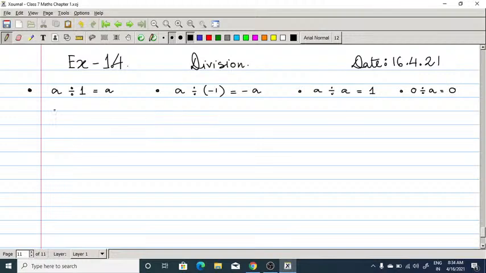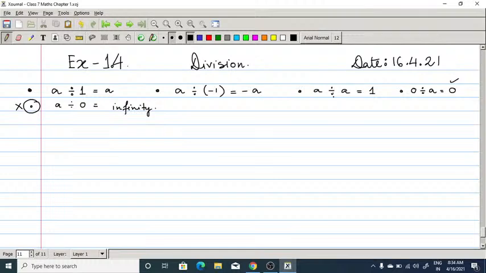Now what will be any integer divided by 0? That is infinity. Okay, that is not computable. This you will not get for multiplication, only for division. You might get this sometimes, so keep in mind 0 divided by any integer is 0.